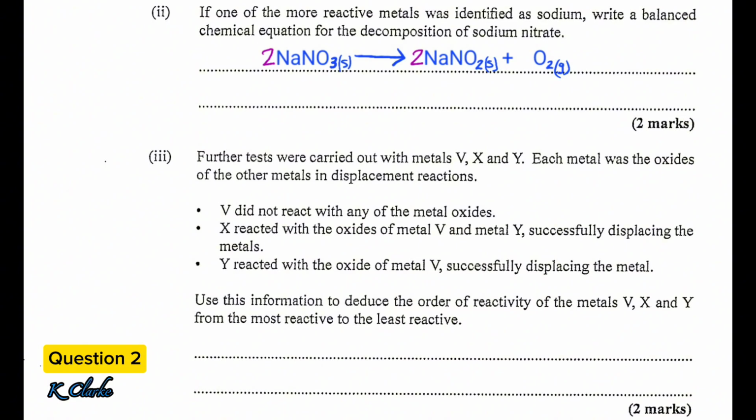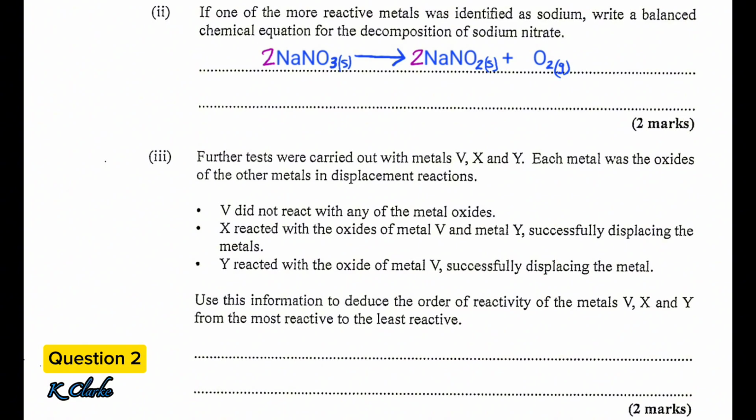X reacted with the oxides of metal V and metal Y, successfully displacing the metals. Y reacted with the oxide of metal V, successfully displacing the metal. Use this information to deduce the order of reactivity of the metals V, X, and Y from the most reactive to the least reactive.